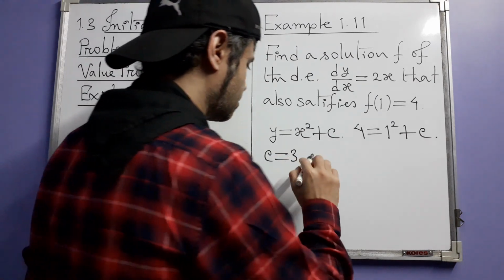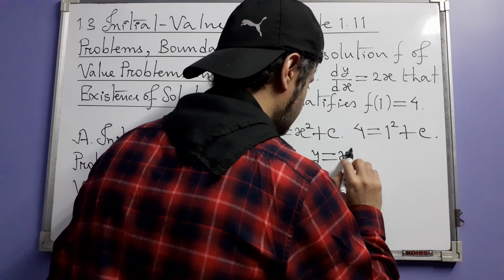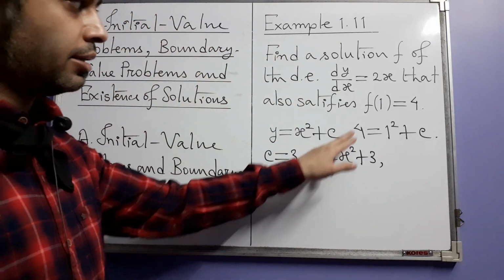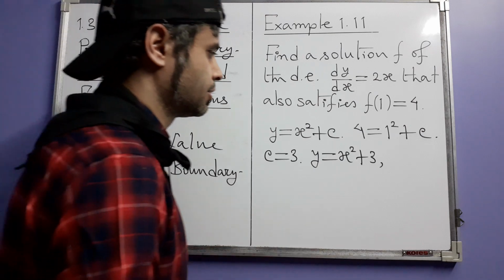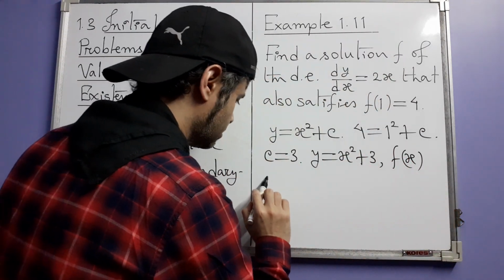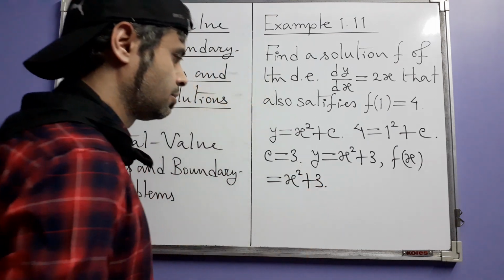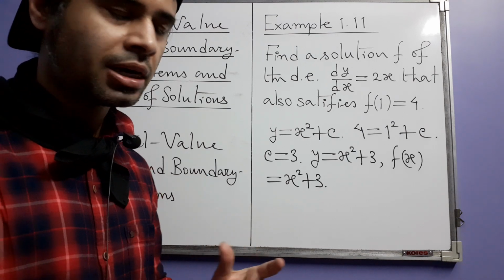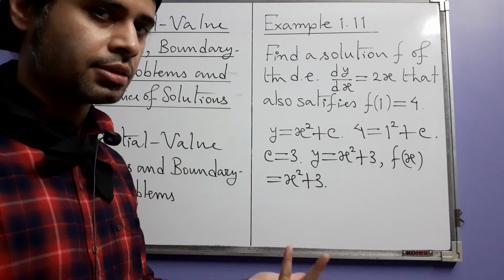In other words, the member that we are seeking is y equals x square plus 3. Or if you want to write it as a function, you can write f of x equals x square plus 3. So this is the particular solution, one member of the entire family of solutions, whereas this family is the general solution.